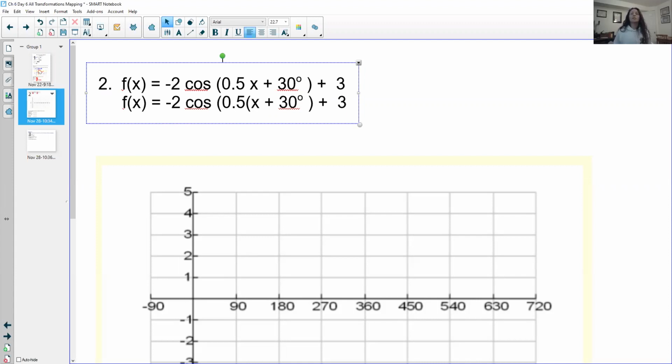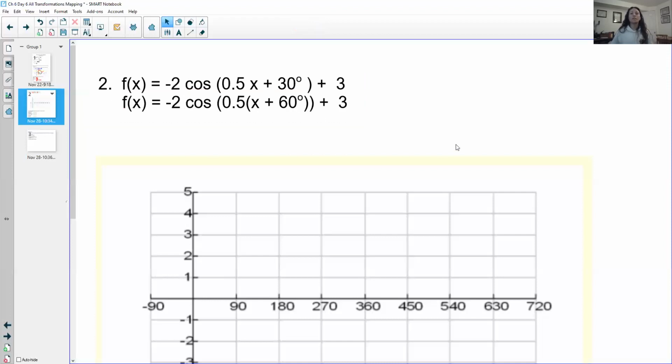And when I factor and I take 0.5 out, I'm also going to take 0.5 out of the 30 degrees. If I take 30 divided by a half, I should get 60. Okay, so factor out a half, you should get x plus 60 degrees remaining in the brackets. Now that we've got all of that, we can start using our mapping rule to help us out.